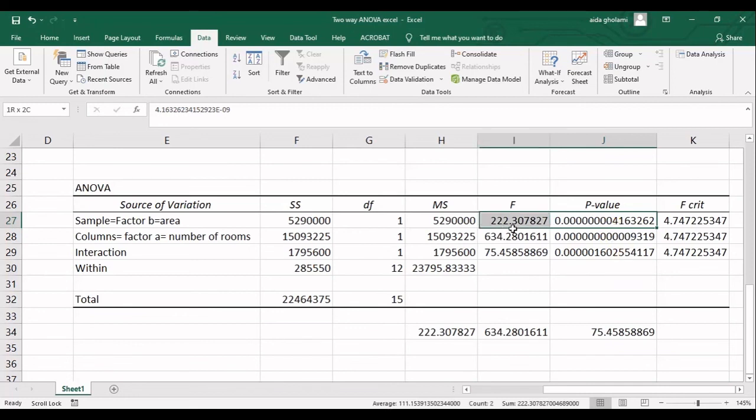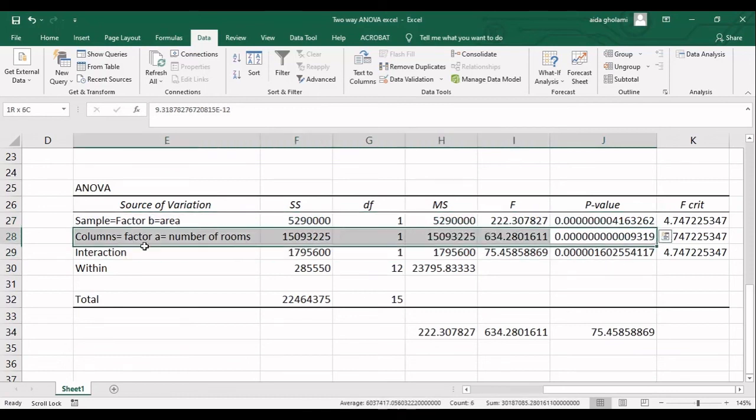So we can decide for the first one, which is factor B, which is area, that area has significant impact on the price of the house. And then we get p-value of also too much low for number of rooms. So another decision, number of rooms have significant impact on determining the price of the house.